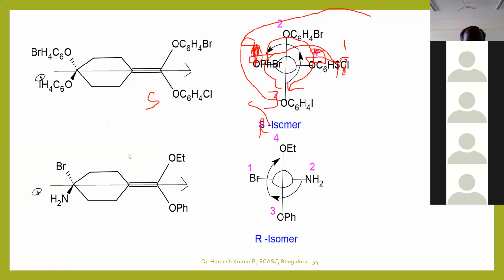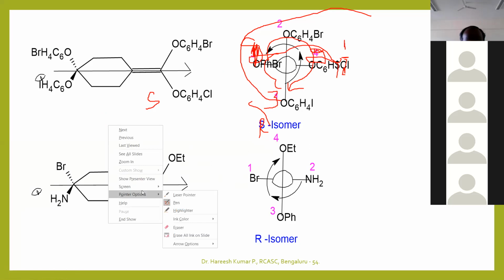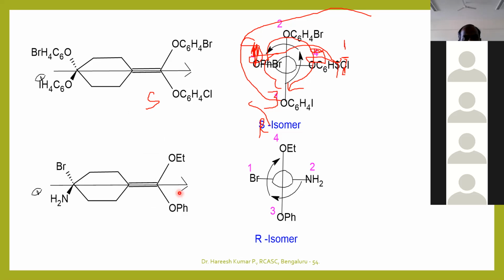Now I will take a laser pointer. If we look at assigning the configuration for this moiety, when the chiral axis is passing through this carbon atom, these two take the priority, and you can observe that these two are the horizontal groups and these two are the vertical groups.